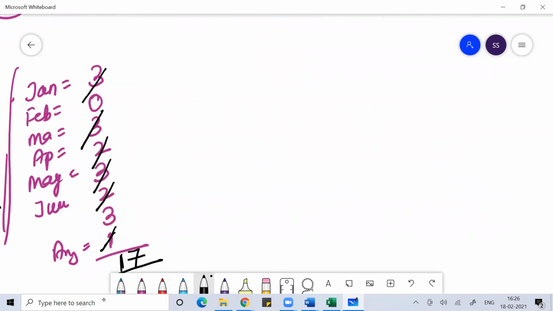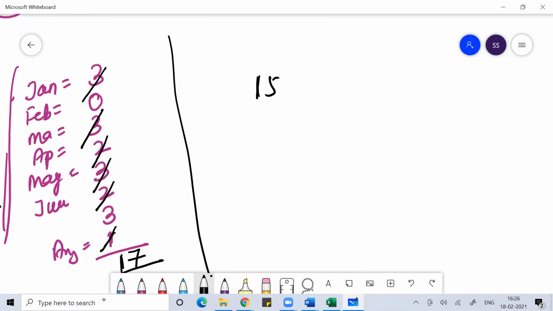This was the logical approach. If you want the shortcut, you can do 15 August 1947.